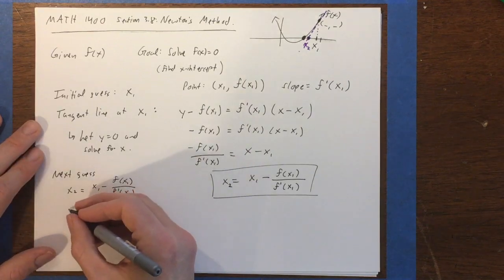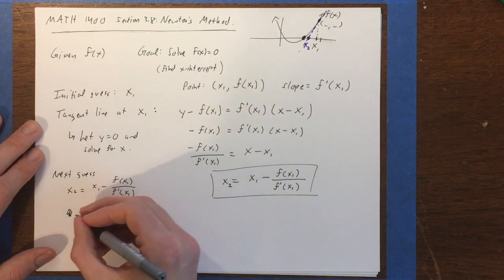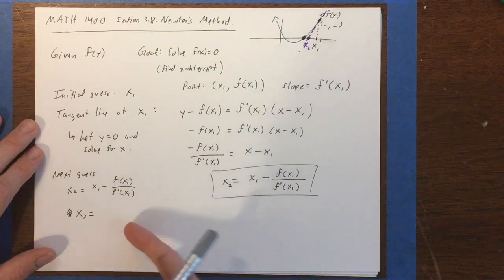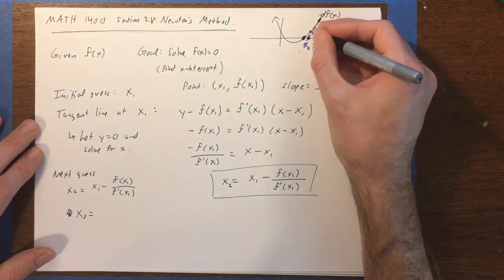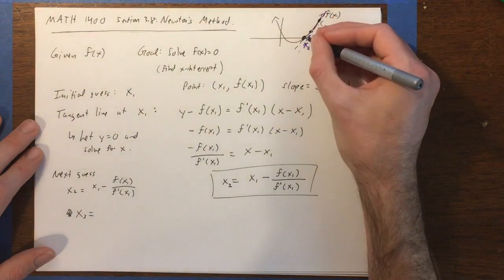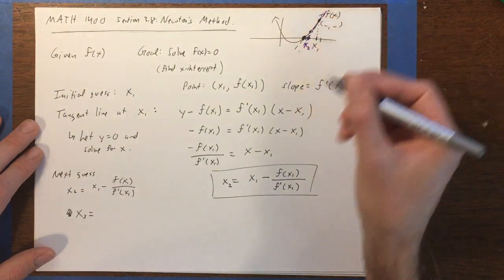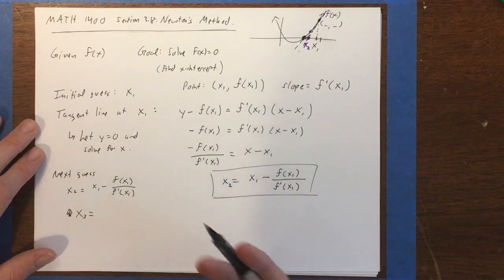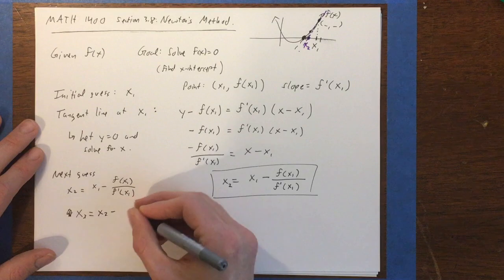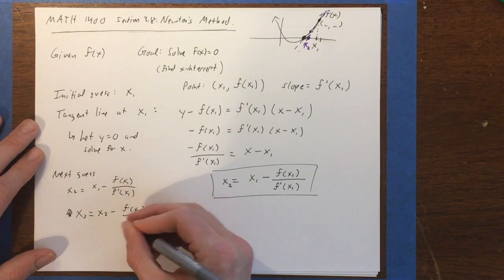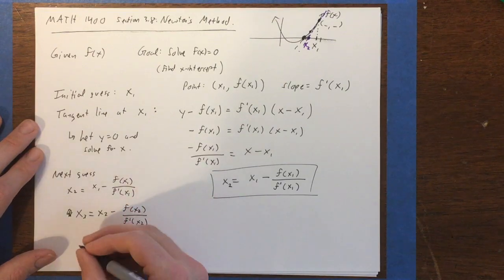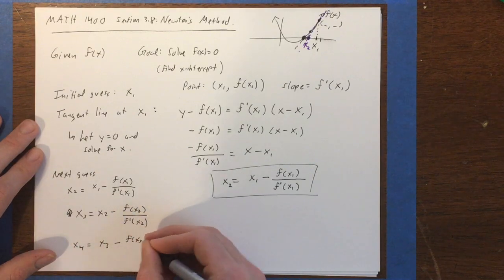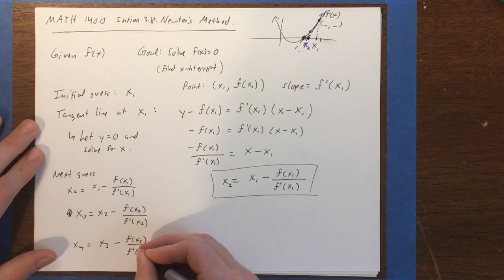Then the next guess after that, x3, is going to be the same formula applied to x2. You would get that tangent line, and then get the x-intercept of that tangent line. So you do exactly the same thing except with a new number. This is going to be x2 minus f of x2 over f prime of x2, and so on. x4 is going to be x3 minus f of x3 over f prime of x3.